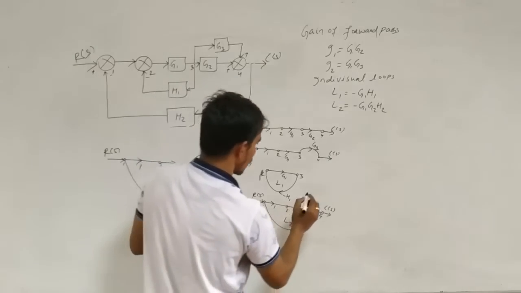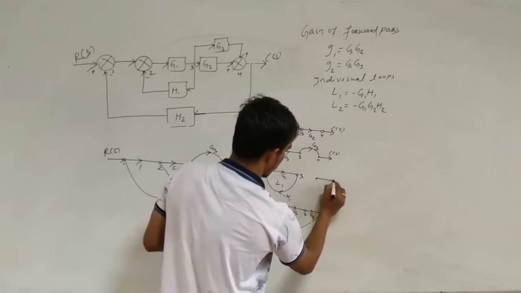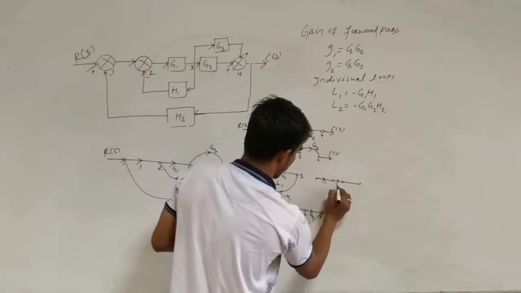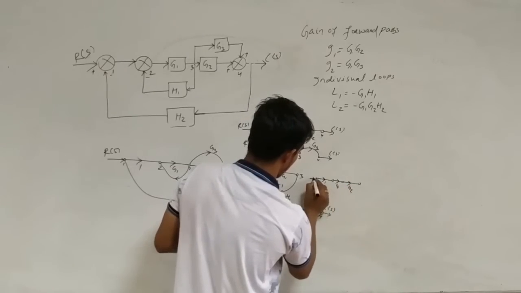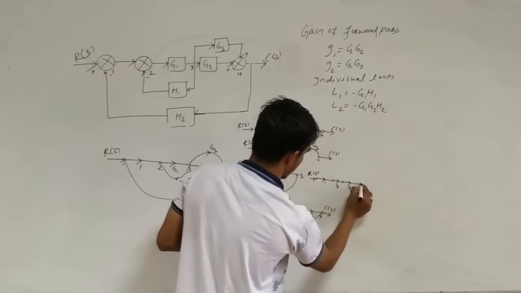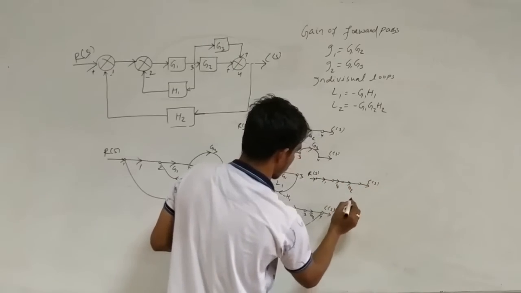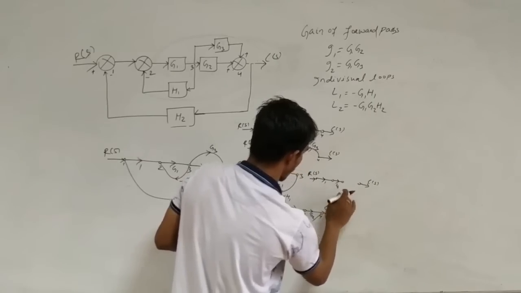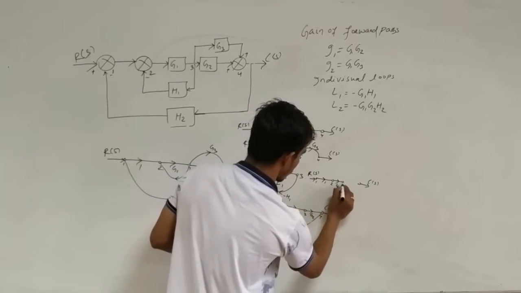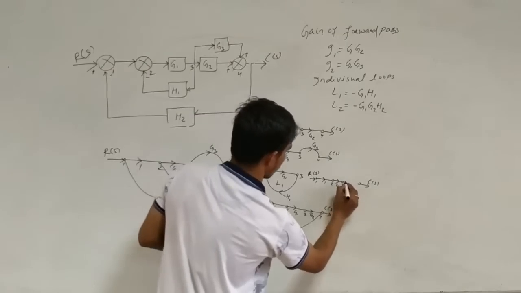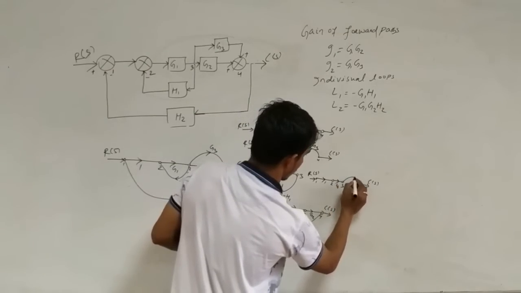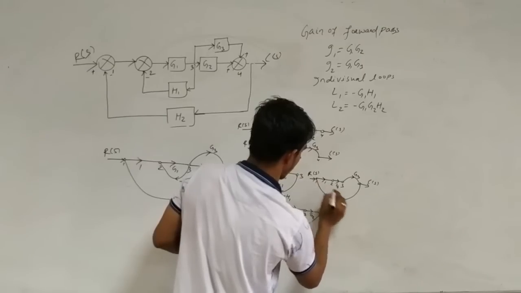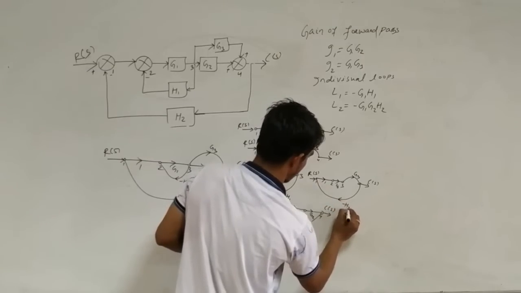Okay, so node 1, 2, 3, 4, G1, G2, R of S, C of S. Sorry, this one, node 1, 2, 3, then G3 minus S2.